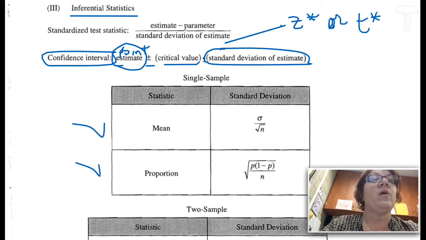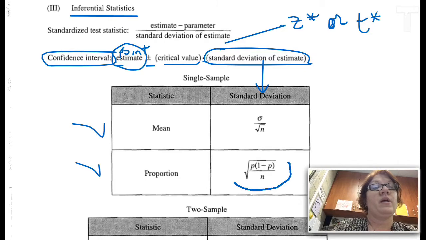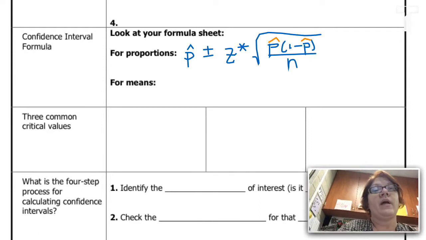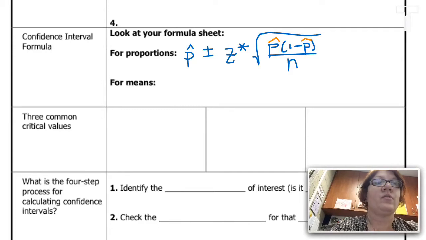So right now, for our standard deviation for the estimate, notice here's a list of them, one for means and one for proportions. So for proportions, we'll be using the second one, which is our standard deviation formula. So now here's my formula for proportions. And again, we don't know the actual population parameter, so we're going to use p hat because it's all we have.